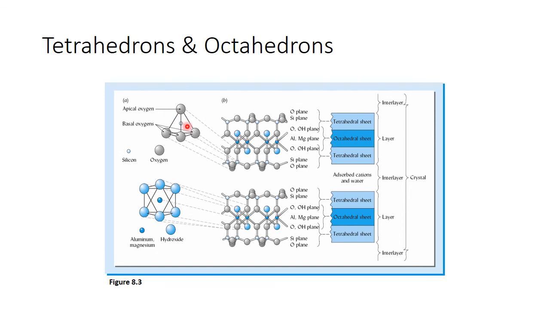And you can see in this diagram we have the tetrahedron showing up here with the peak pointed up towards the octahedral layer. And in the octahedral layer we have the aluminum and the oxygens, and that's set in the middle layer, or inside the sandwich.